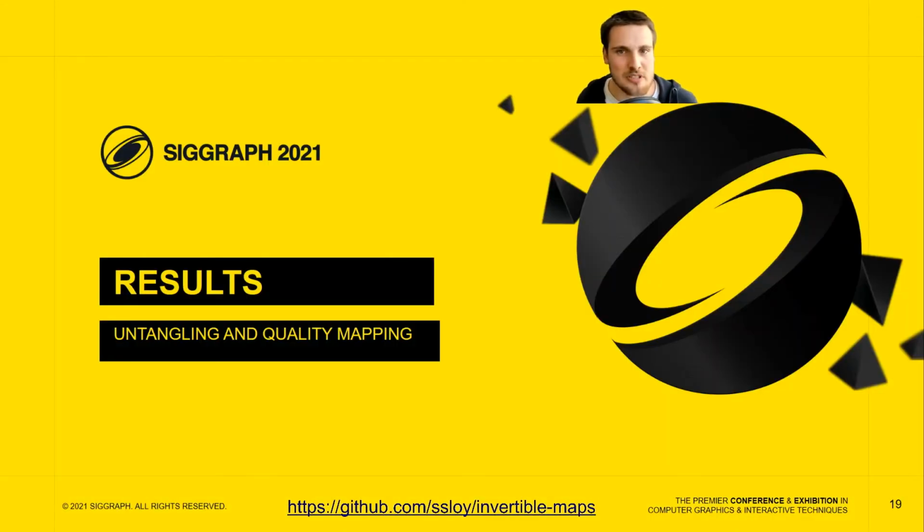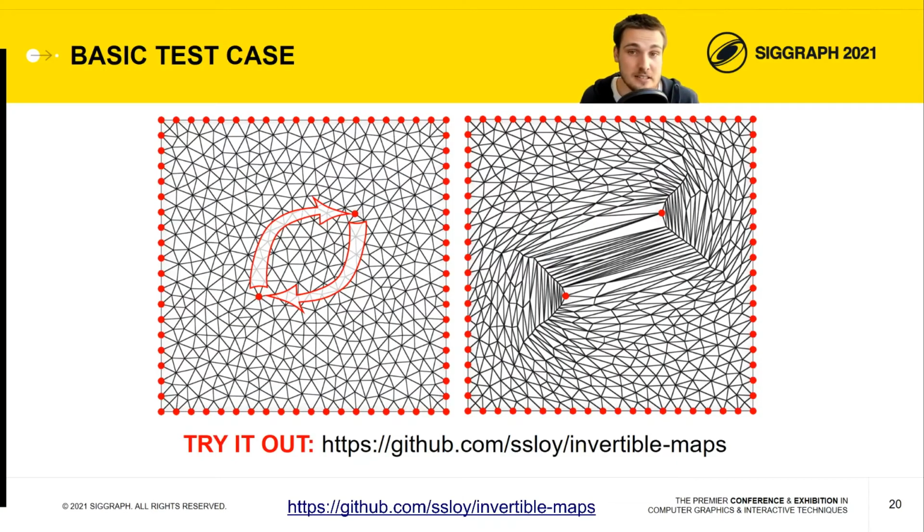To back up our robustness claim, it is important to test our method in a lot of settings. A very basic test is to take a mesh and invert 2 points. While being a test relatively easy to set up, it can be very difficult to untangle. Our algorithm has no trouble doing it in this case or even in 3D.